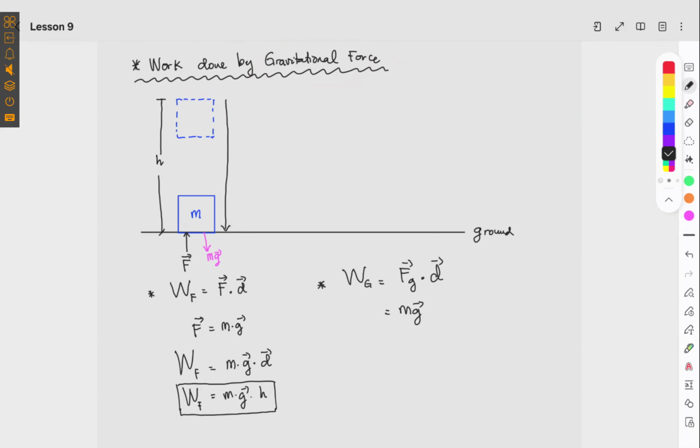The displacement is just simply the h. So the work done is mgh. I know this is not a very complicated concept, it's a pretty simple concept. But let's do some example, all right?